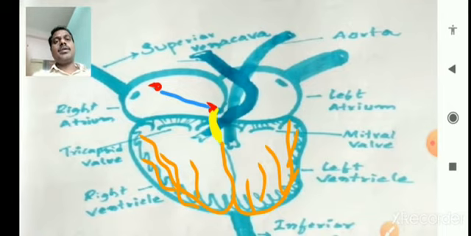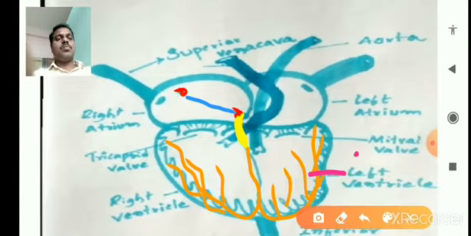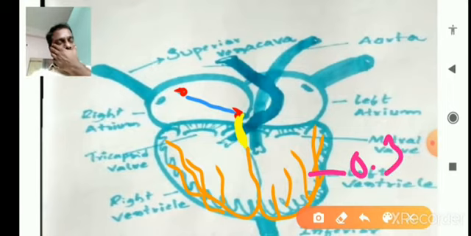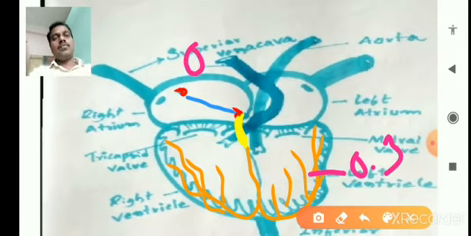Sorry, the ventricular contraction takes only 0.3, not 0.4. So total 0.4 is systole and 0.4 is diastole.